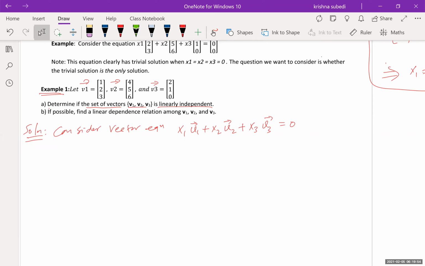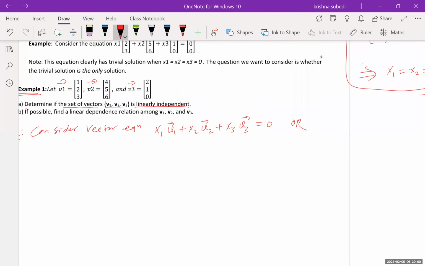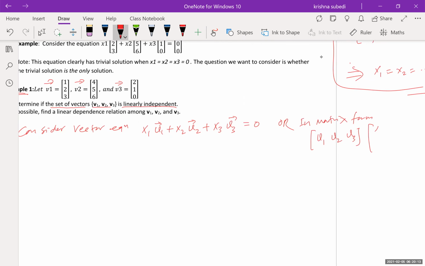If you want to write this in matrix form, you can write v1 v2 v3 times x1 x2 x3 equals 0.